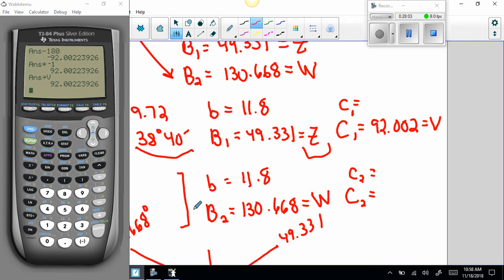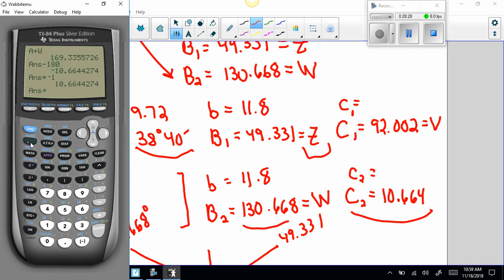Now let's go A plus B2 to find C2. That is W minus 180 because of the triangle. And we get 10.664. Stow alpha U.